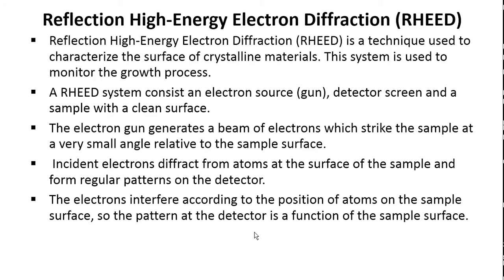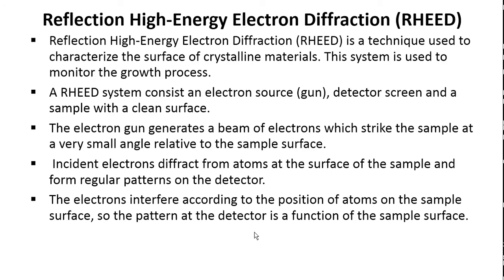So whatever layers are formed will be made available to see on the screen, isn't it? So the pattern at the detector is a function of the sample surface. The pattern produced on the screen is a function of the sample surface. That is why whatever the thickness of the sample surface is, it will be made available at the RHEED screen.